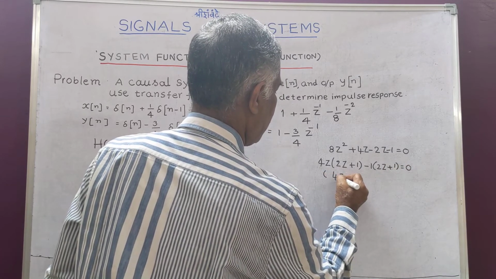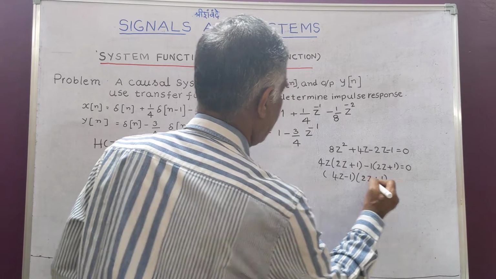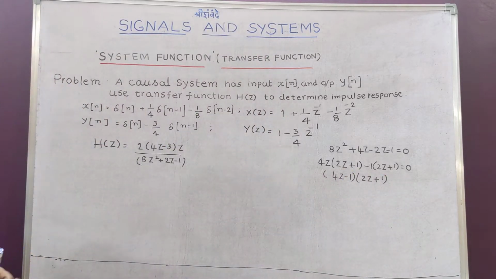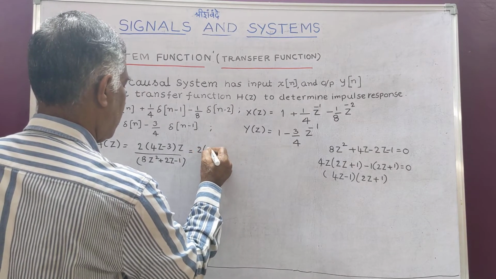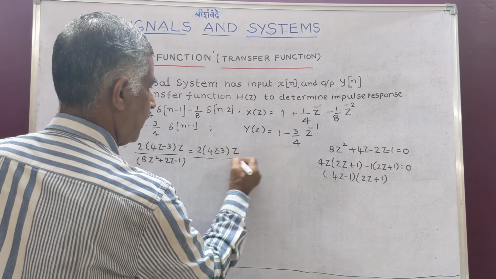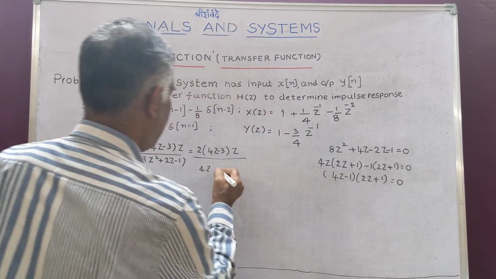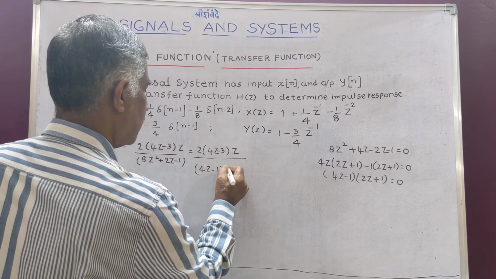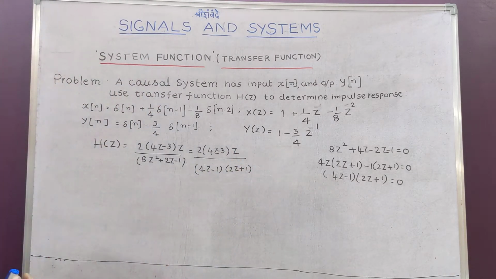Therefore, (4z minus 1) into (2z plus 1). Therefore, H(z) equals 2 into (4z minus 3) by z divided by (4z minus 1) into (2z plus 1).